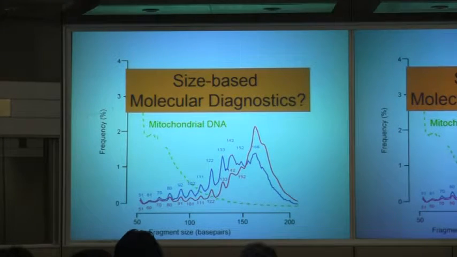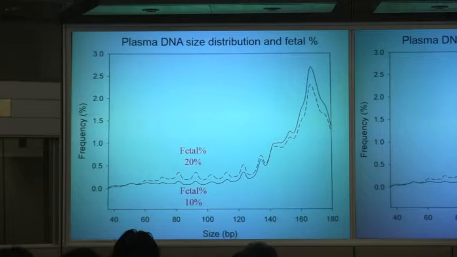So now, with the elucidation of all that about size, we think that we are able to construct a new type of testing which is based on size. Then you say, how do you do that? The crux of that is, if the fetal DNA is shorter than maternal DNA, then the more fetal DNA you have in a particular sample, the shorter it should be. For example, here you have two samples.